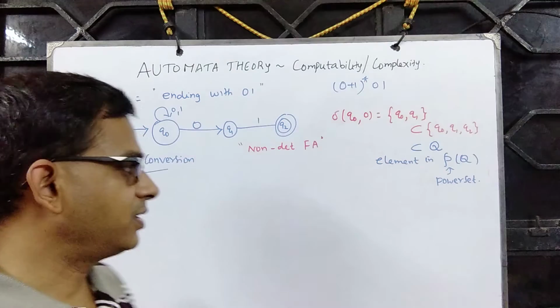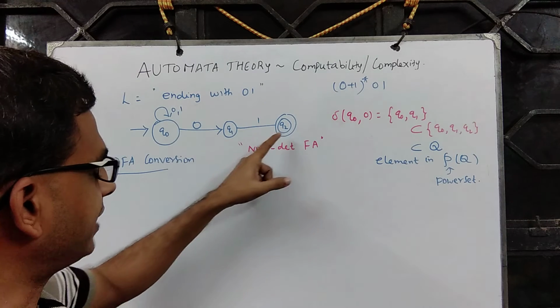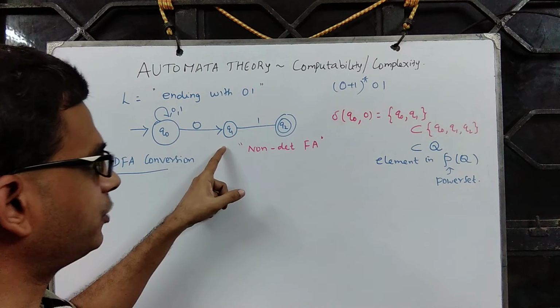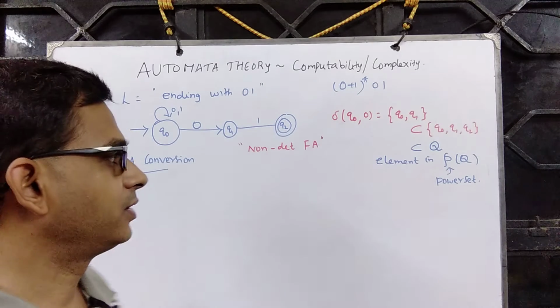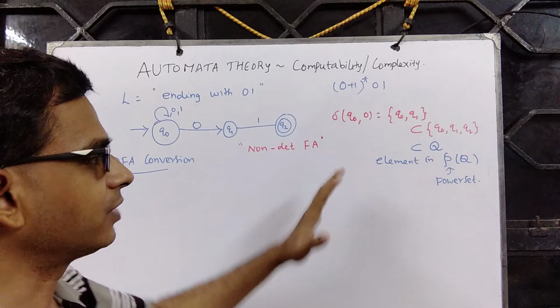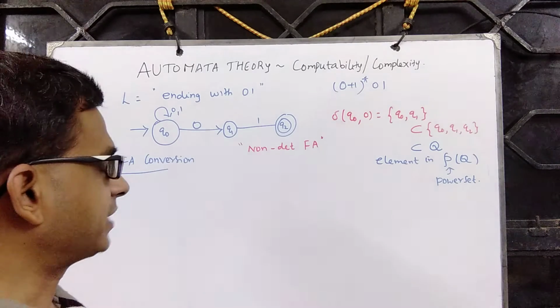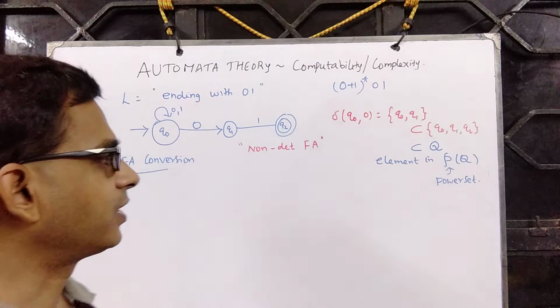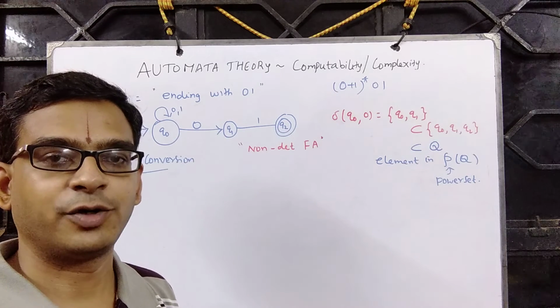And the automaton must be designed in such a way that for any state on an input symbol, it should go to exactly one state. It should not go to more than one state. Fine? And that's precisely the focus. We shall next see how to design such an automaton.